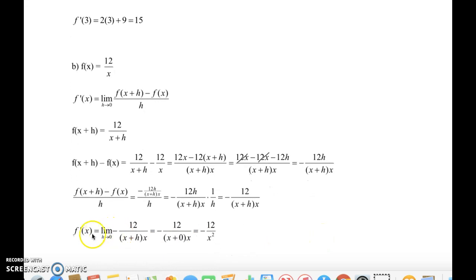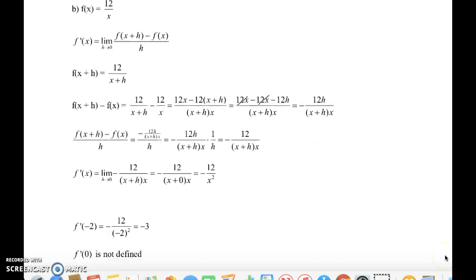And so therefore, our limit as h approaches 0, because we aren't done yet just because we got our fraction, this h is going to go to 0. All right, and so we're left with negative 12 on the top and x times x on the bottom, which is x squared. And this negative 12 over x squared represents our derivative. All right, we're going to plug our values in.